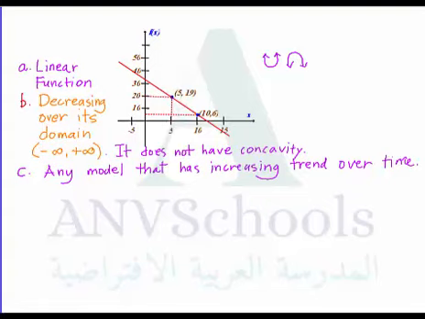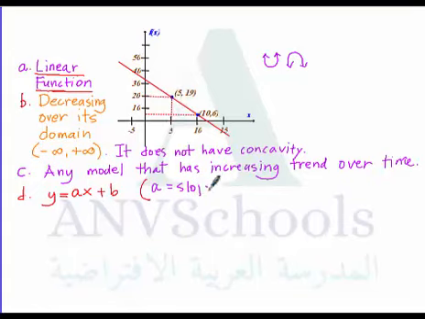Letter D, find the particular equation for the function given that points (5, 19) and (10, 6) are on the graph. In solving this problem, first we have to acknowledge the general form of a line. We have already assumed that this is a linear function, therefore we have to recall the general form of a line, which is either y = mx + b or y = ax + b, where a is the slope and b is the y-intercept.